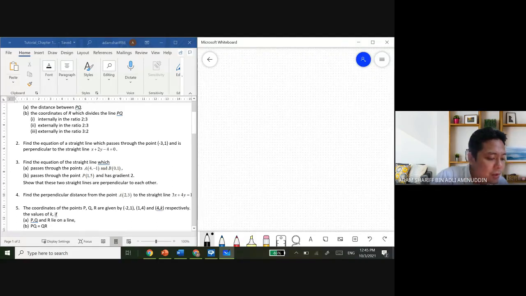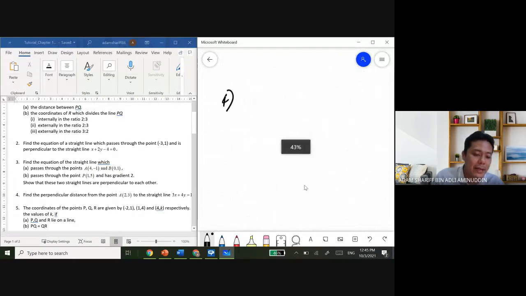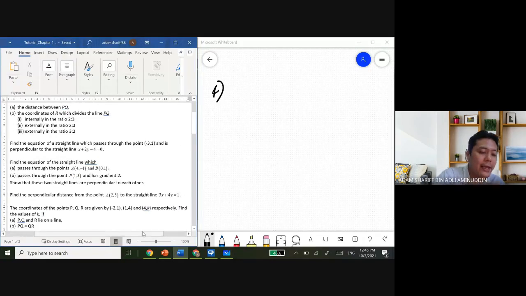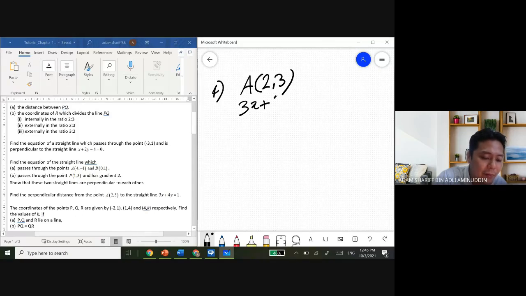Okay, for question number 4, find the perpendicular distance from point A. Kita ada dua variable. First, the distance between this A, coordinate dia 2, 3, and the straight line of 3x plus 4y equals to 1.